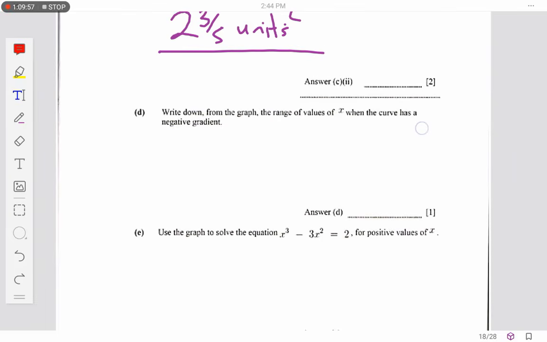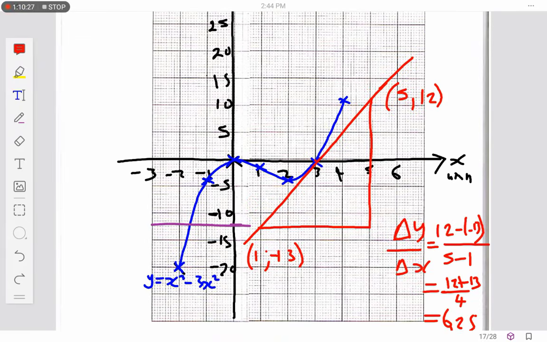Then the last one is saying write down from the graph the range of values of x when the curve has a negative gradient. Okay, so let's go to our graph there. Remember when we have a negative gradient, we said this going that direction, that's a negative gradient.